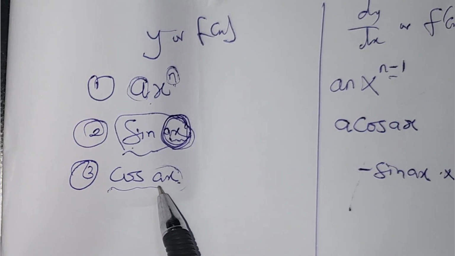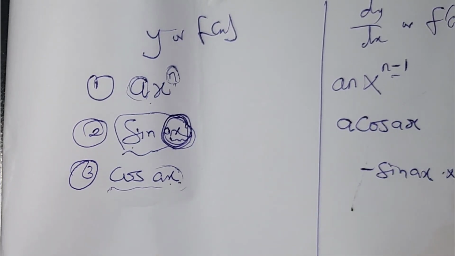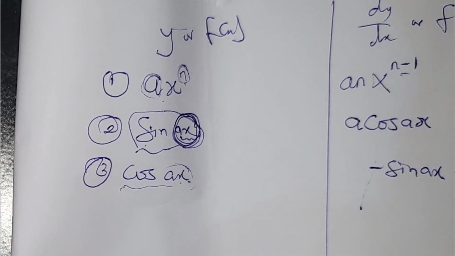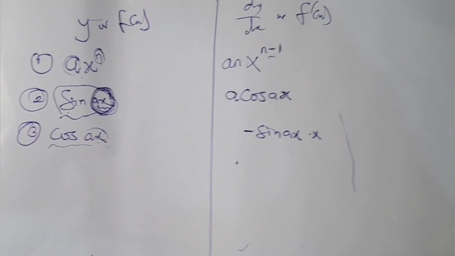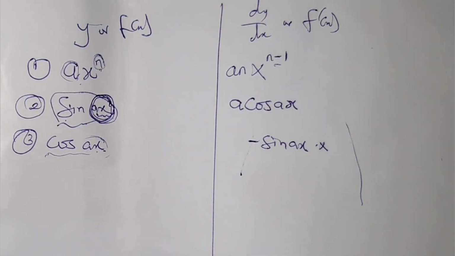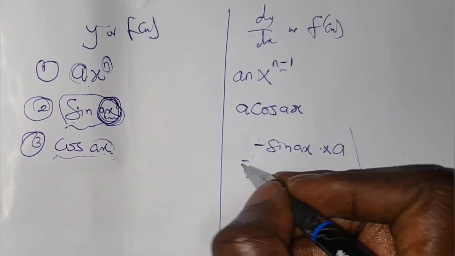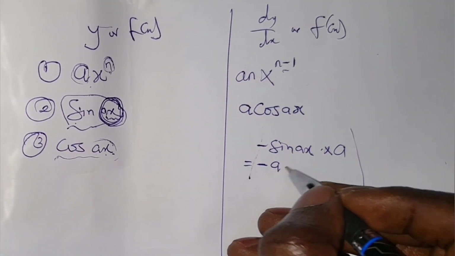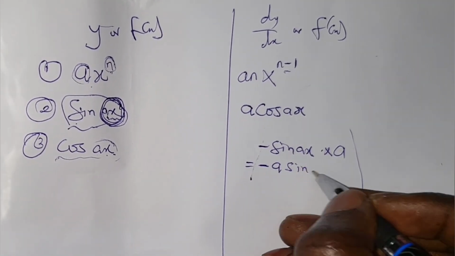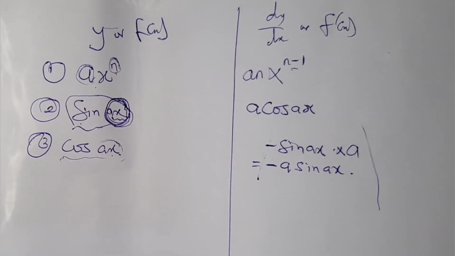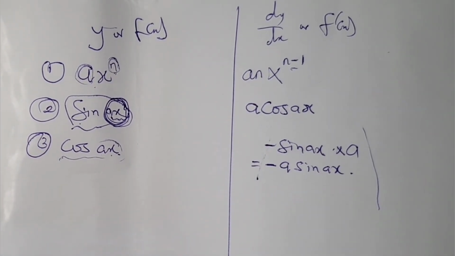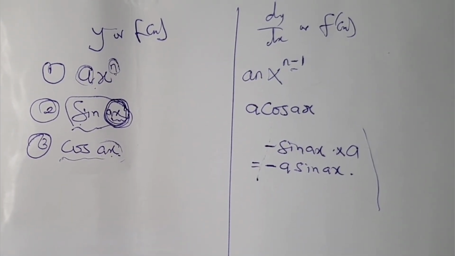If you differentiate the angle ax, you're going to get a, so we get times a. So in all, we get negative a sine ax. That becomes the derivative of cos ax.